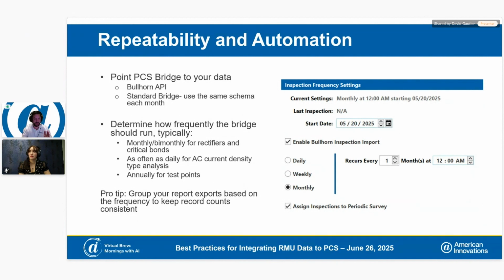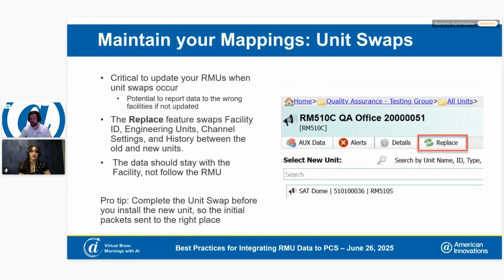The one time a year where you're importing the test points, don't mix that in with your rectifier imports, because when you're looking at record counts, you're going to look each month for 241 records. It's good, it's good, it's good. Then when the test points come in, you're going to have a ton more records, and it's going to make it hard to understand if all of the rectifiers made it in. So keep those things separate so you have a good understanding of your verification on a month-to-month basis.